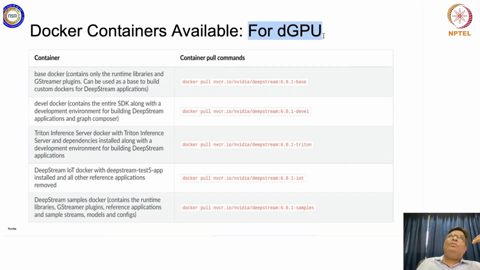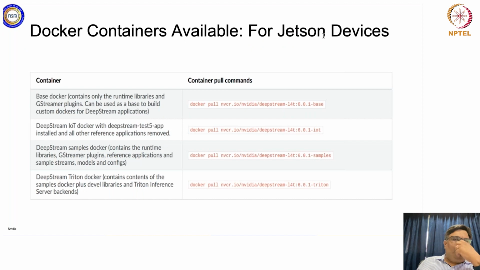Discrete GPUs are GPUs which are specifically not integrated as a part of a processor. These are separate GPUs. Then there are Docker containers which are available for Jetson devices also. So the idea is these are for discrete GPUs, these are for Jetson devices. So you understand the difference between these two now.